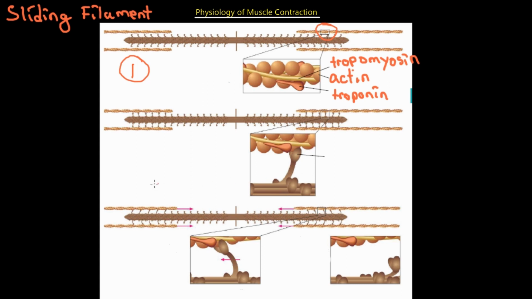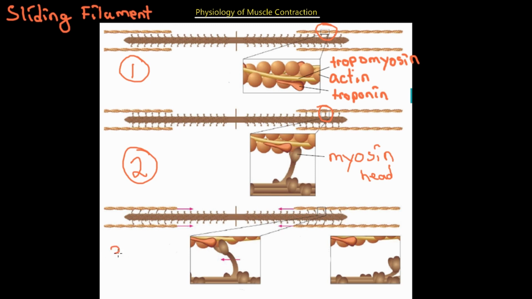The troponin and the tropomyosin in the second stage are going to change shape and allow this myosin head to bind with the actin and attach to it. So as you can see here, the attachment occurs all along the actins.